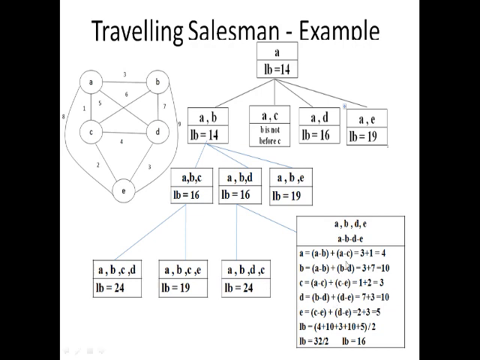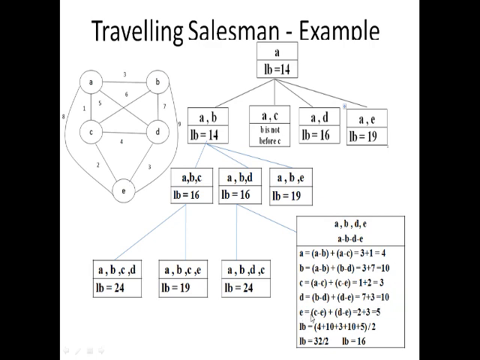B to D we have 7 and D to E we have 3. 7 plus 3 equals 10.